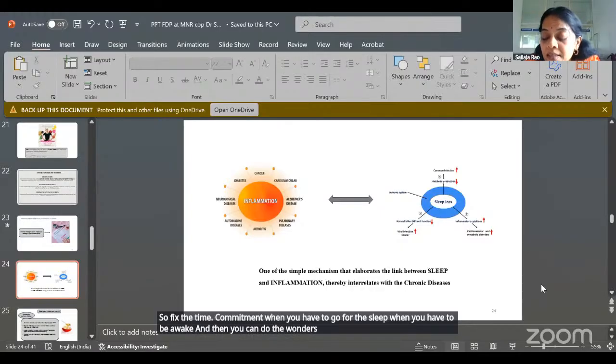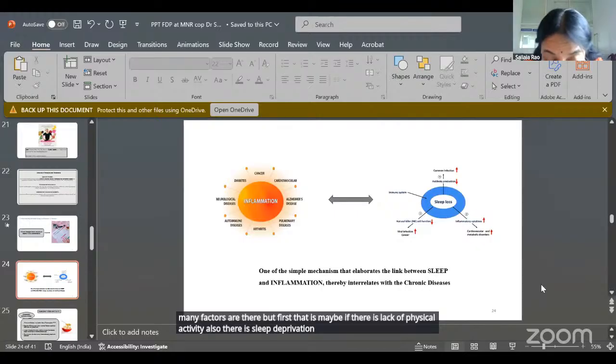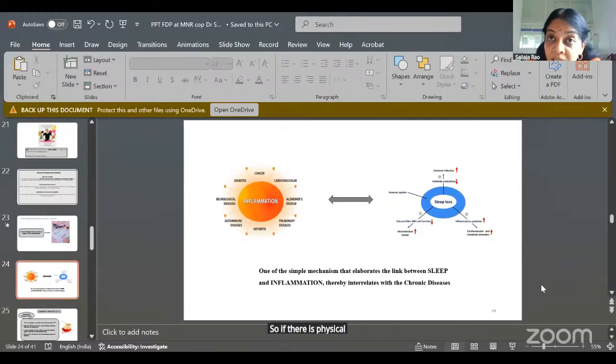Sleep deprivation can have many factors. But first, if there is a lack of physical activity, there is also sleep deprivation. So do physical activity, a minimum of 1 hour. I will talk about this also.